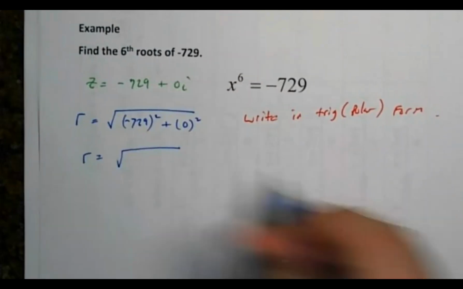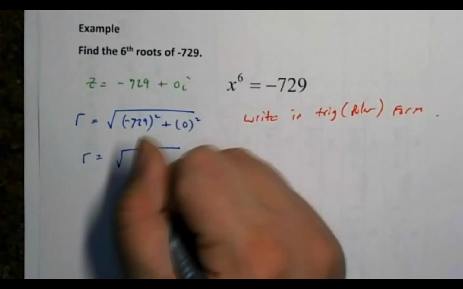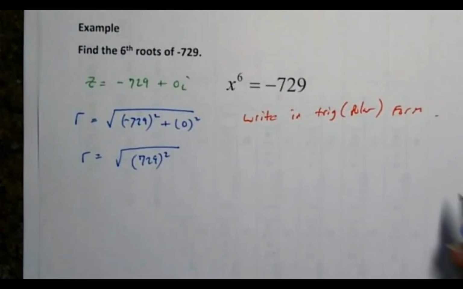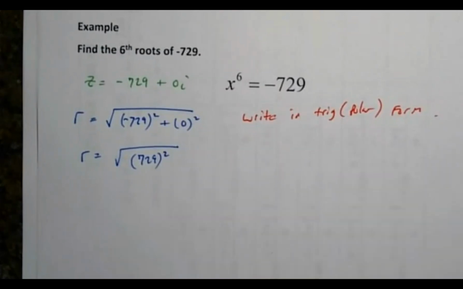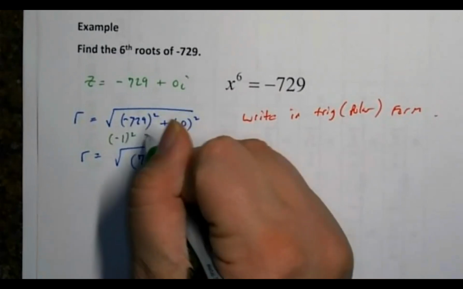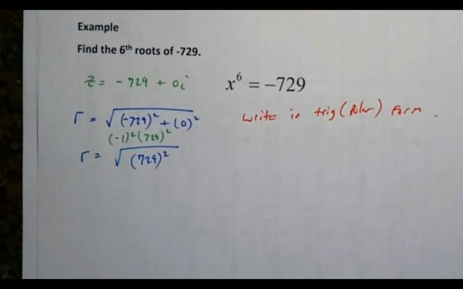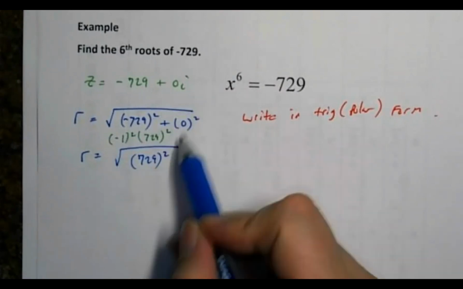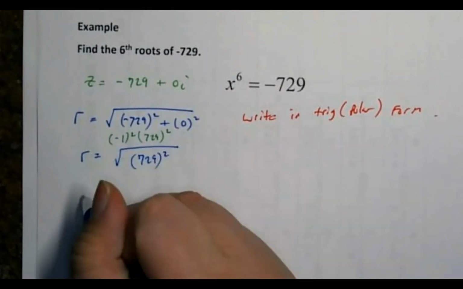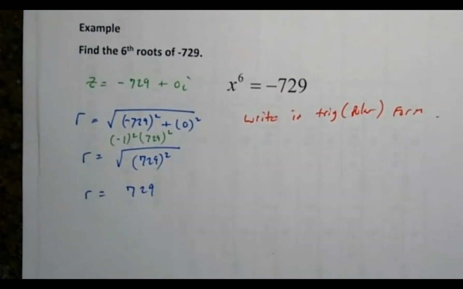Negative 729 squared is 729 squared. I just looked at this as negative 1 squared and 729 squared. So negative 1 squared is positive 1, and now I have 729 squared. And 0, I don't need to worry about that. So the modulus is 729.